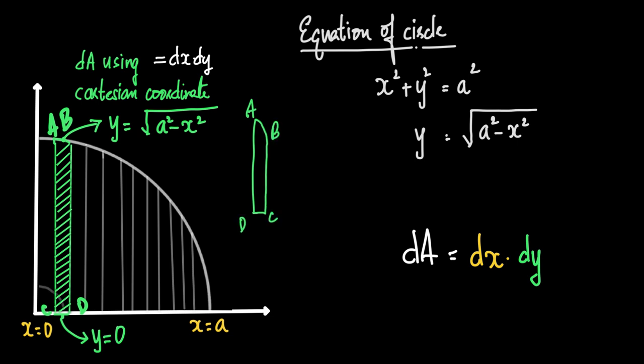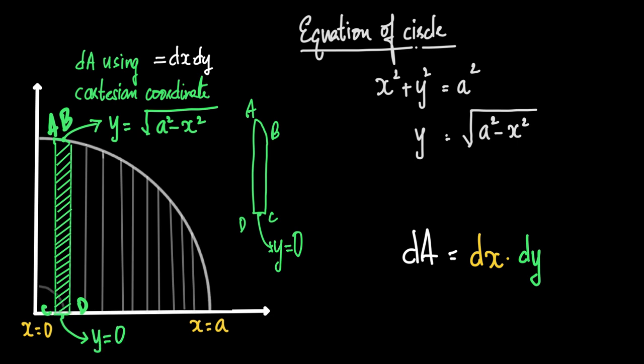Now, what would be the value of y at DC? So at DC, we can say that the value of y is equal to 0. Why? Because DC is a line which is along the x-axis, and any point on the x-axis will have the y coordinate equal to 0.